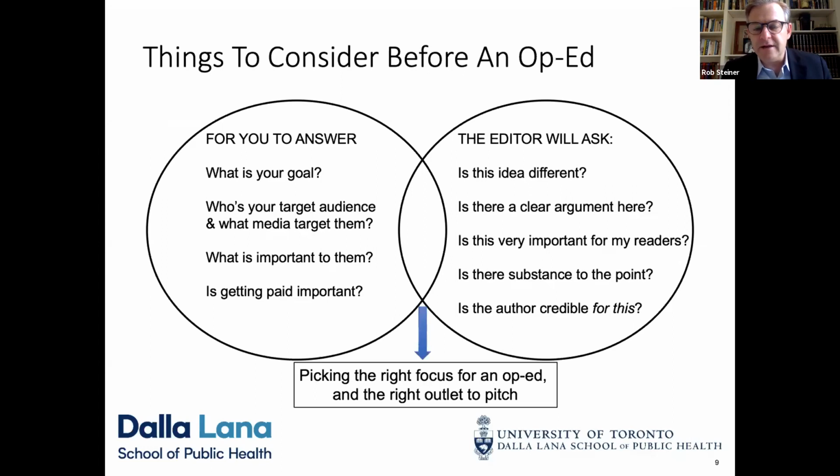Last couple of things that an editor will intuitively ask: is the point that she or he is making right? This idea is different, interesting, counterintuitive, I've never heard it before. There's a clear argument that's backed up by interesting facts. But is this actually relevant and important to my readers? My readers only have time to read one thing a day, let's say.